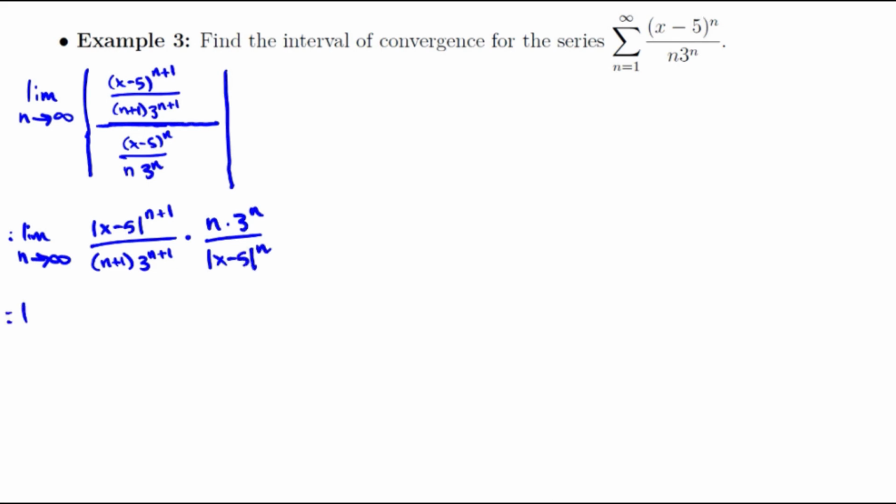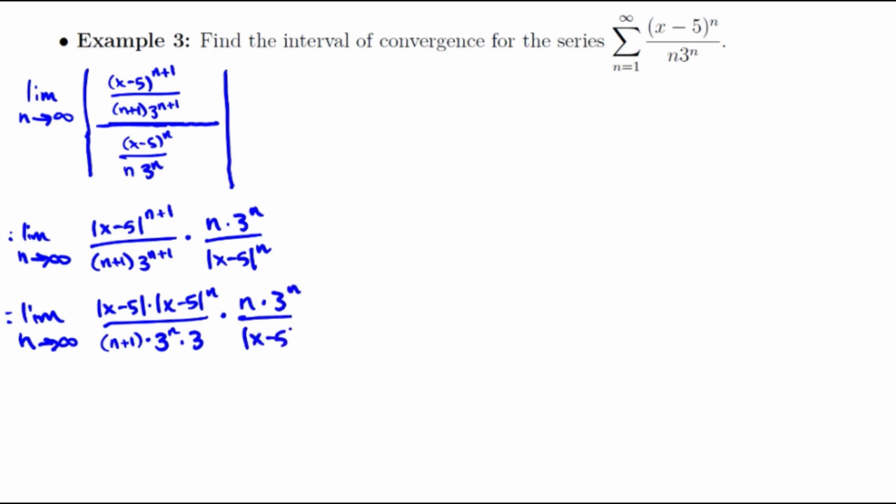And then let's see what kind of simplifying we can do for ourselves. Up here, x minus 5 times x minus 5 to the n. And then down here, I can't do much with that n plus 1, but I can definitely do something with the 3 to the n plus 1, breaking those apart using our exponent rules. And then up here, n times 3 to the n, x minus 5 to the n.